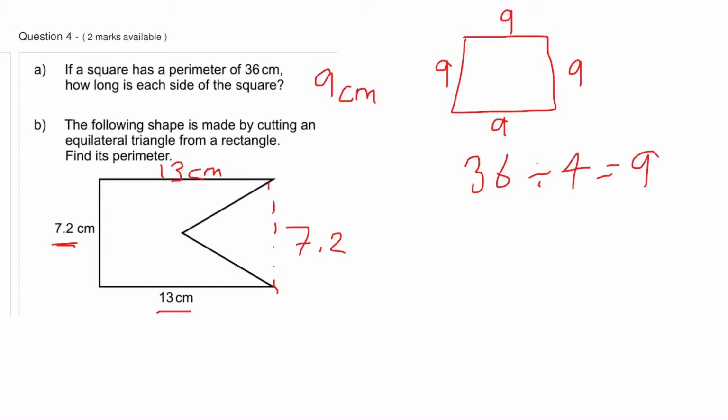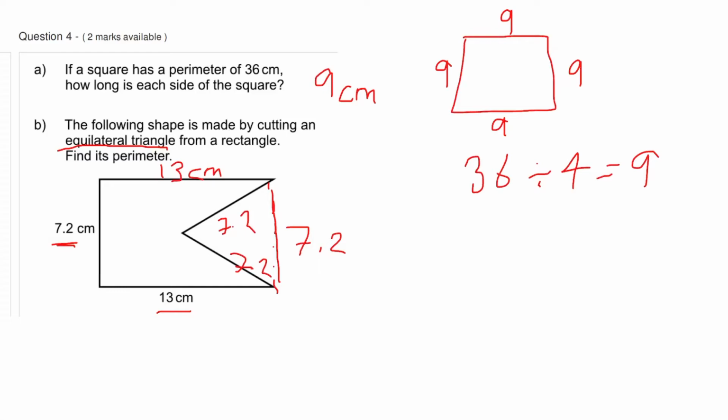We have a keyword, we have equilateral triangle. What we know about an equilateral triangle is that all the sides are equal, meaning if this side here would have been 7.2, to make that triangle, this side has to be 7.2, and so does this side as well.